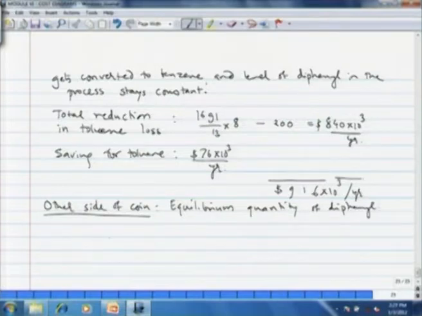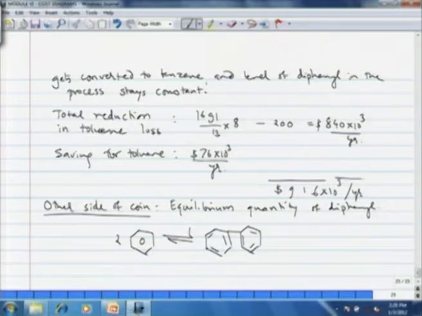Now, diphenyl is formed through this reversible reaction, and therefore the equilibrium constant is concentration of diphenyl divided by concentration of hydrogen times concentration of benzene squared.